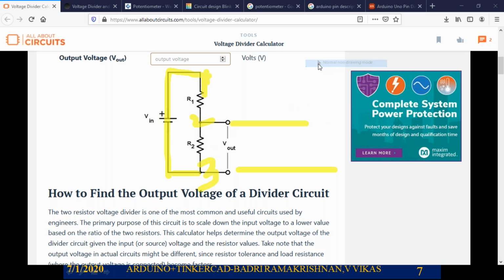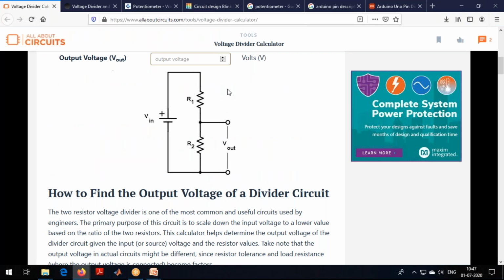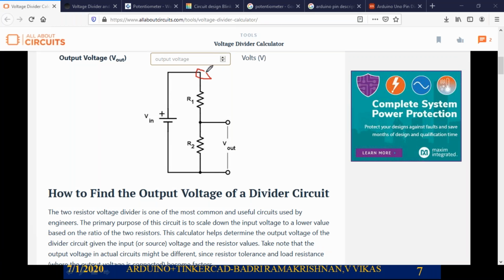Now, can I consider the same circuit like this? Because at this particular point I have a plus voltage. Whatever the voltage we have here, it will be the same here and here, because I don't have any components in between. Here I have the same.